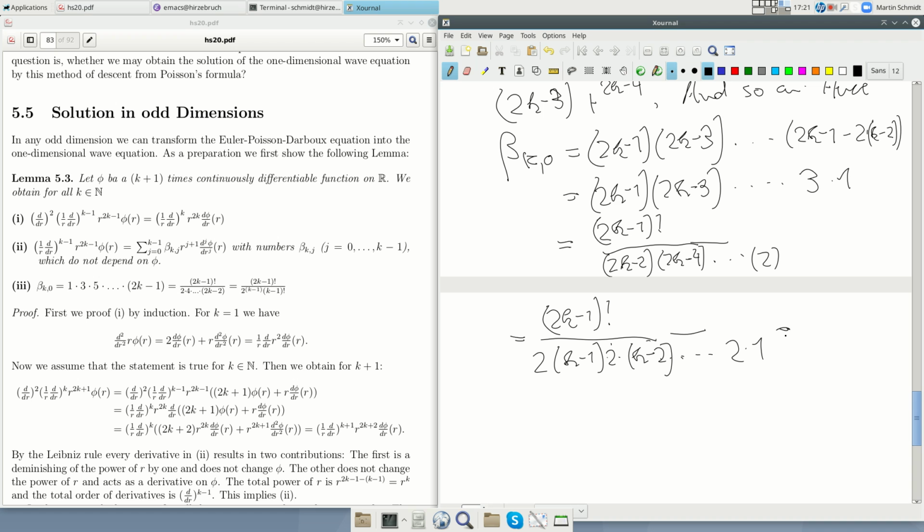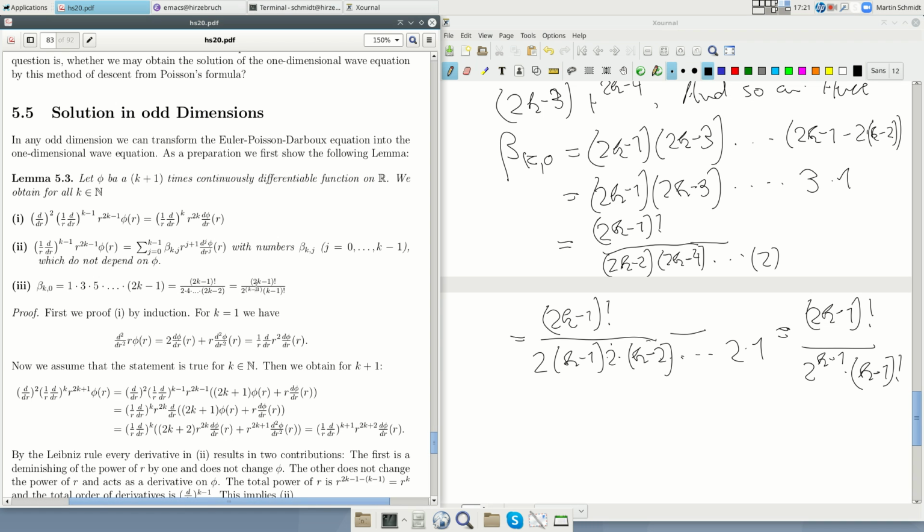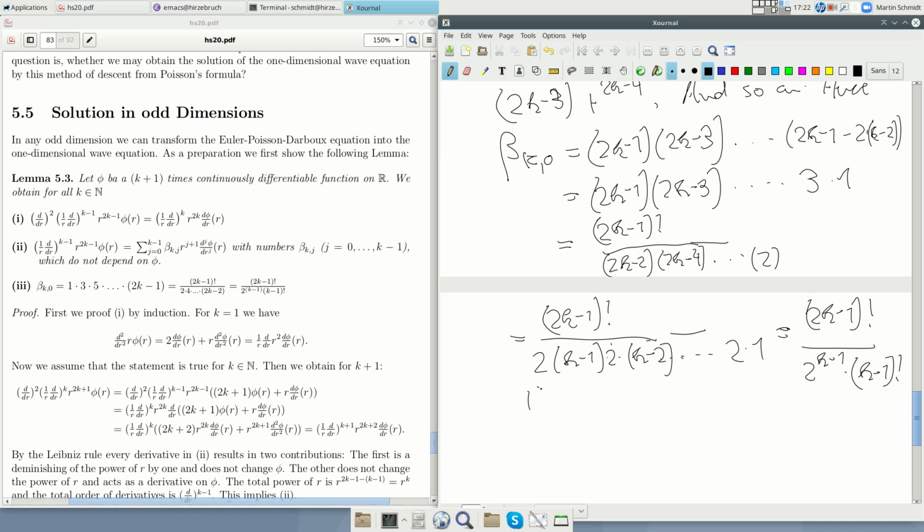So this is (2k minus 1) factorial divided by 2 to the power k minus 1 times (k minus 1) factorial. This is the formula for beta. This proves the third statement, and therefore the lemma is proven.